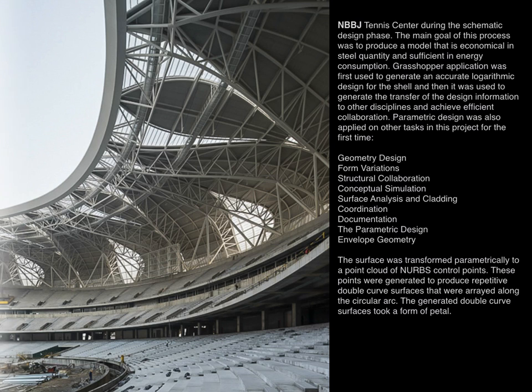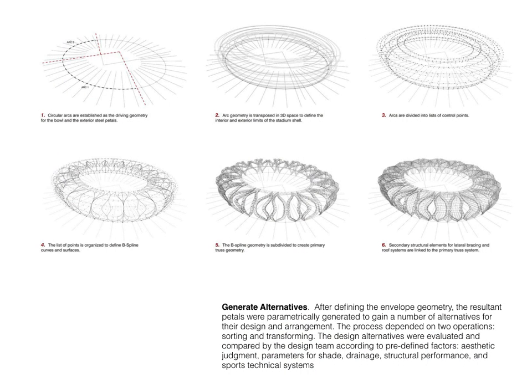Just to look at a few of the documents from these projects, you can study in detail, but after defining the geometry of the project, different alternatives for design and arrangement were explored, and that, I think, is the great potential of parametric design at the conceptual level: not one result, but exploration and examination of alternatives.